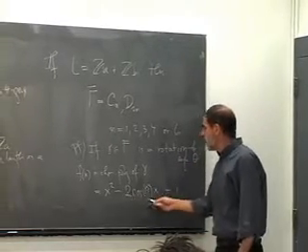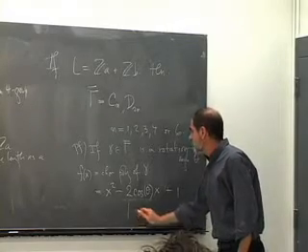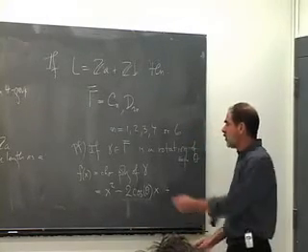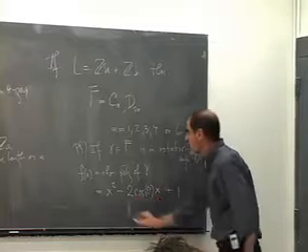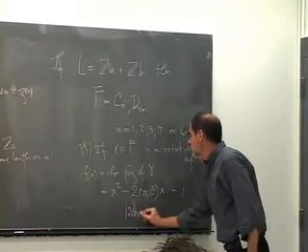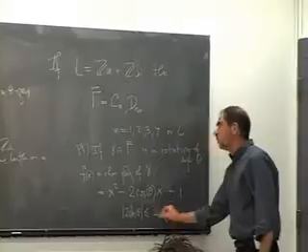So this number, whatever it is, is of absolute value less than or equal to 2, right? Because cosine theta has absolute value less than or equal to 1. So the absolute value of 2 cosine theta is less than or equal to 2.